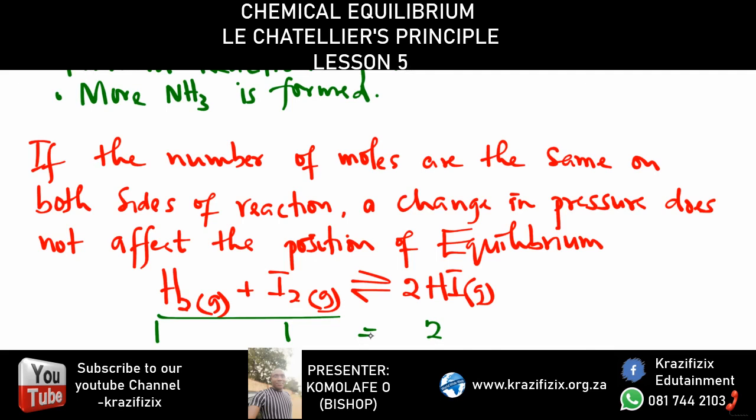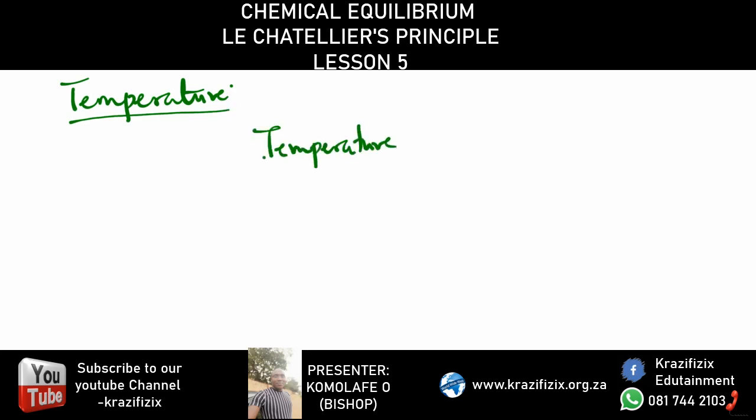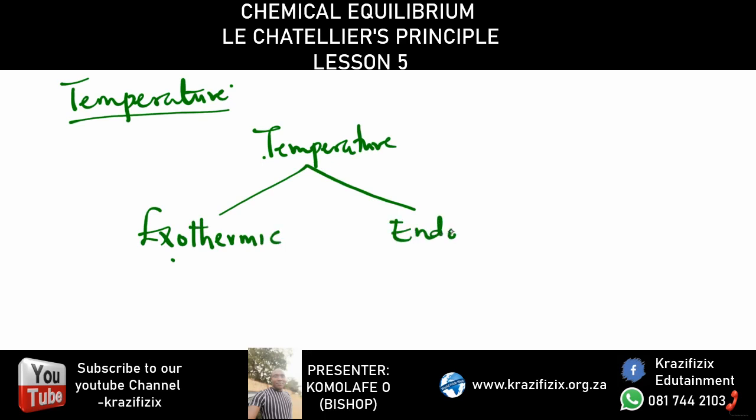Now, let's look at the third one. I've got 3 minutes, but I'm going to extend to about 5. Temperature. All right, let's quickly look at something. When we consider temperature, the average kinetic energy, all right, a reaction could either be exothermic or endothermic.